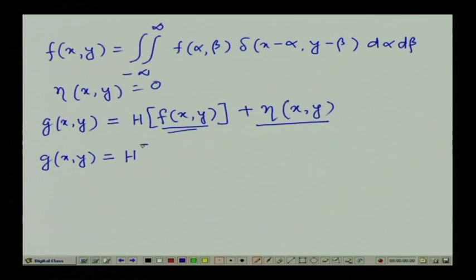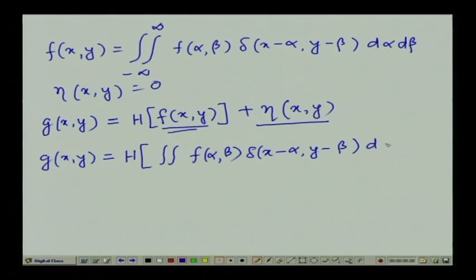So, this will be simply h of double integral f alpha beta delta x minus alpha y minus beta d alpha d beta, where the integral has to be taken from minus infinity to infinity.